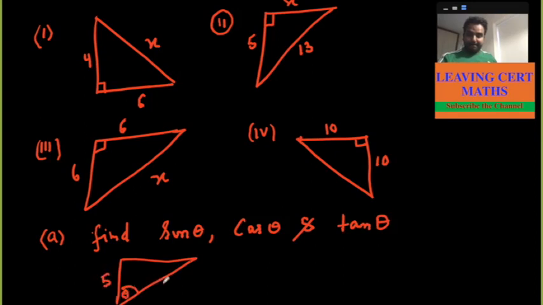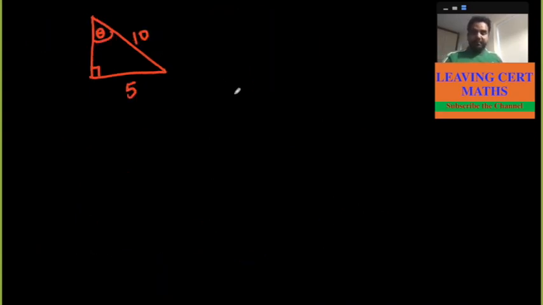Nearly done. Okay. So for the sin, I got 5 root 3 over 5.